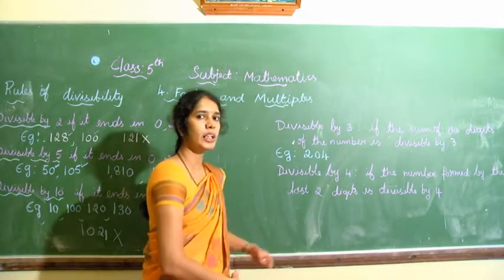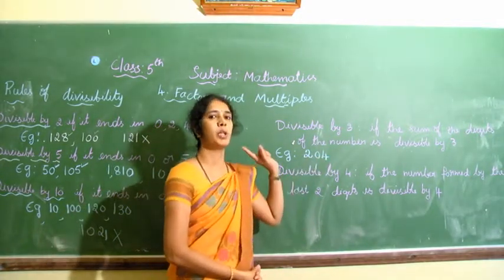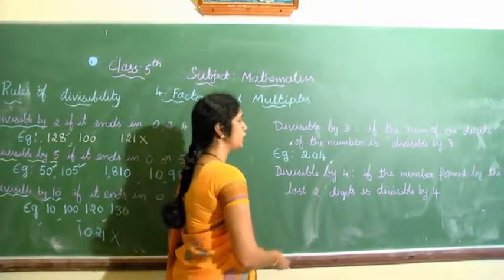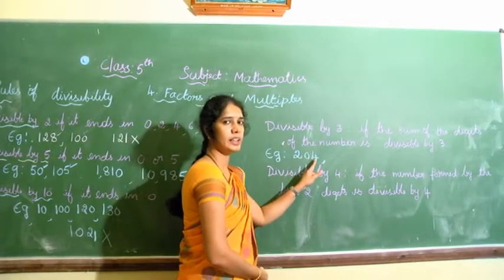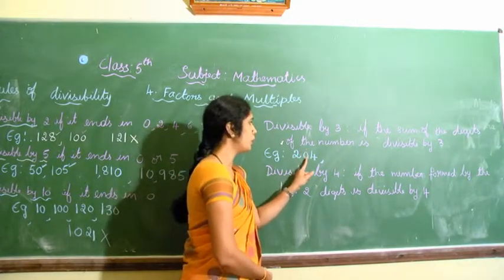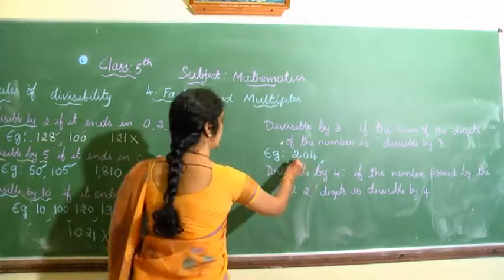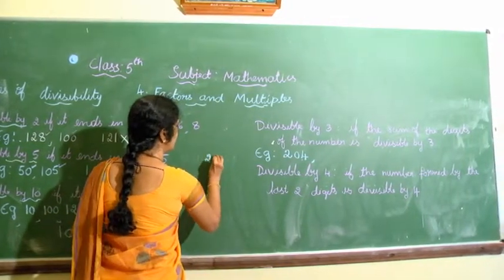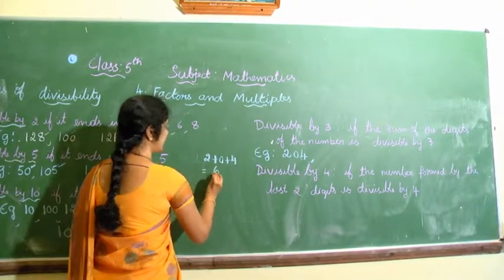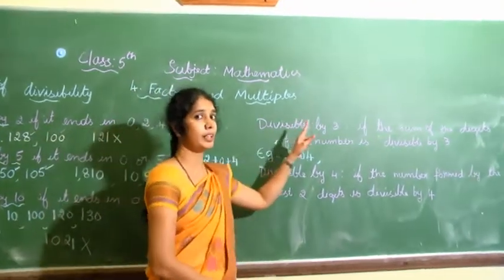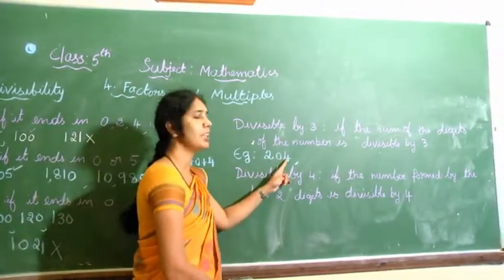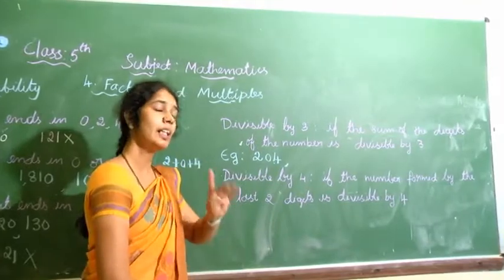We have to check whether this number is divisible by 3 or not. For that, what I should do is add all the digits. 2 plus 0 is 2, plus 4 is 6. What will I get? 6. 6 is divisible by 3, isn't it? 3 2s are 6. So the given number is divisible by 3.